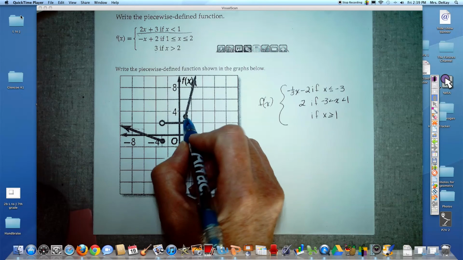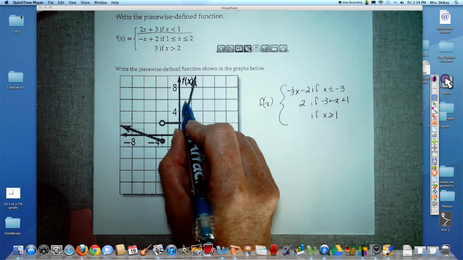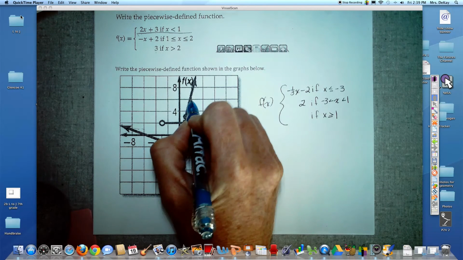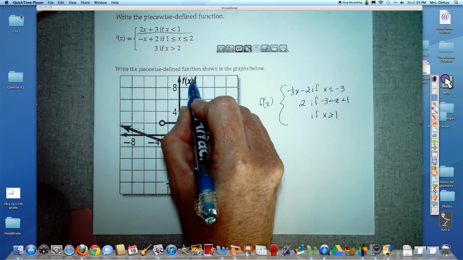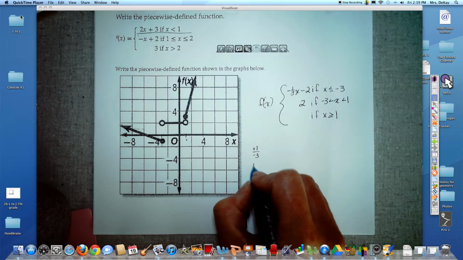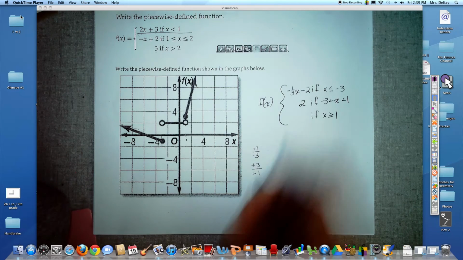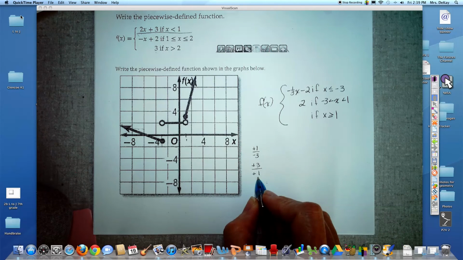Can I find my slope? Looks like I can. 1, 2, 3, 1. What do you think? Yeah. So I rise 3 and run to the right 1. So it would be positive 3, right?